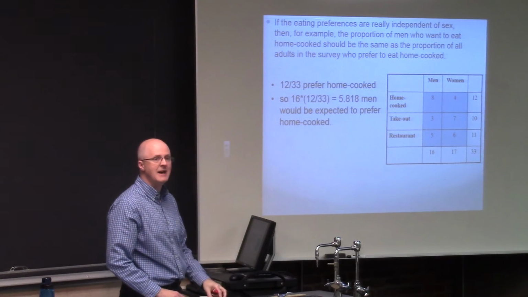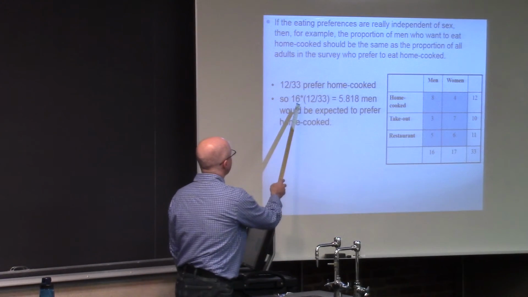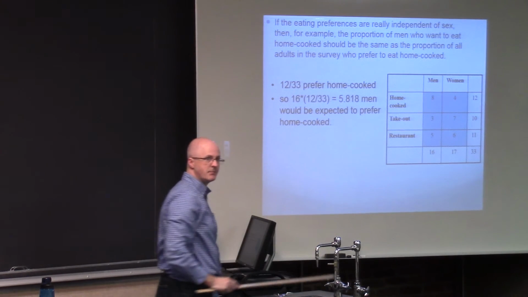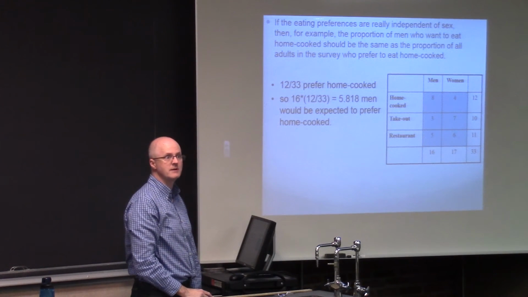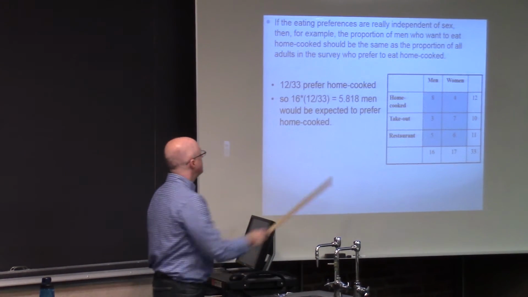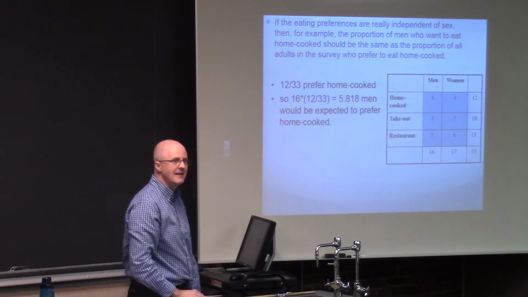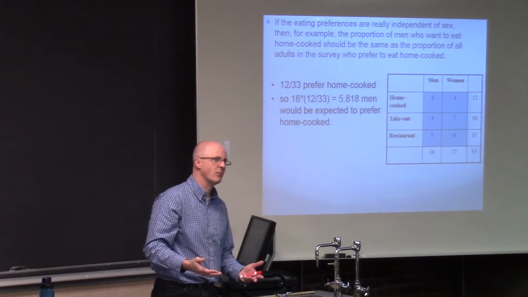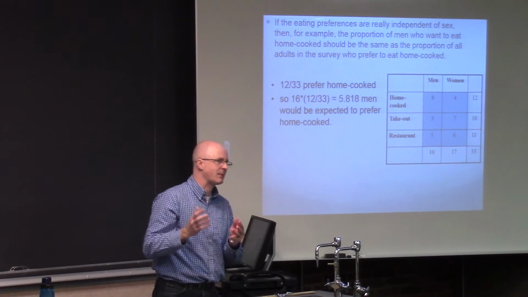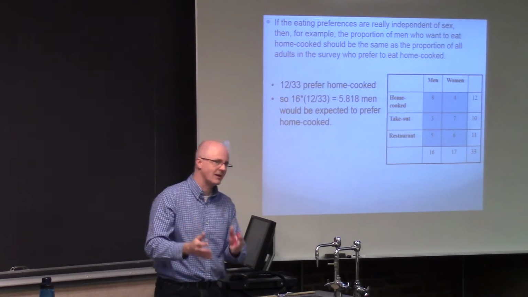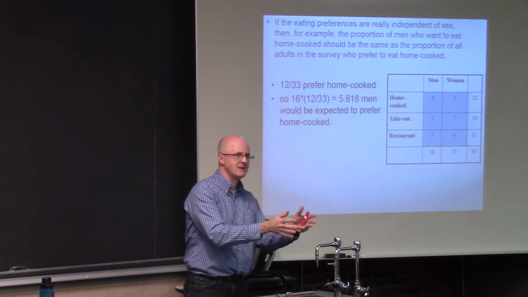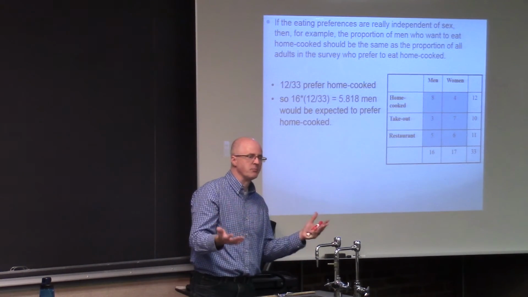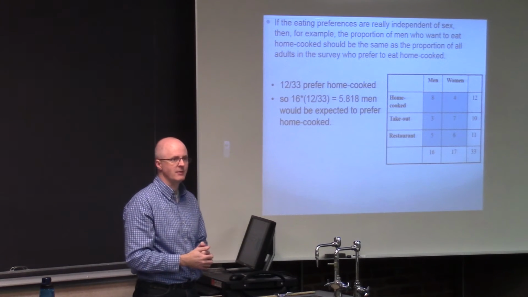If you took the number of men times the proportion of all adults who want to eat home-cooked on a Friday night, you get 5.818. That would be the expected number of men who would prefer home-cooked out of 16 if the proportion of men who wanted home-cooked on Friday night matched the combined group proportion, 12 out of 33.